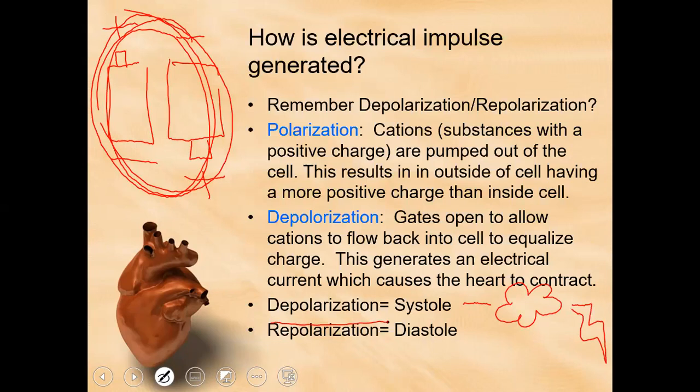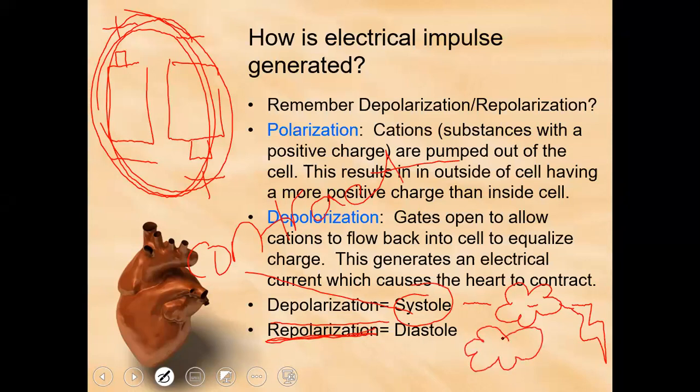Depolarizing: the cloud has charged, sends the lightning bolt, causing the muscle to contract. Repolarizing: the cloud, here's my lightning bolt inside the cloud, is recharging, but no lightning bolt is being sent out.